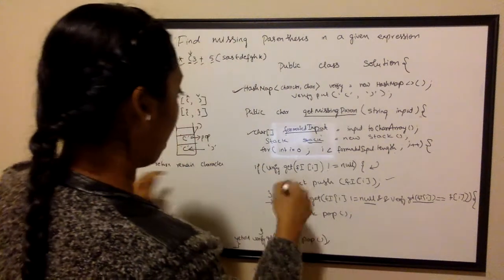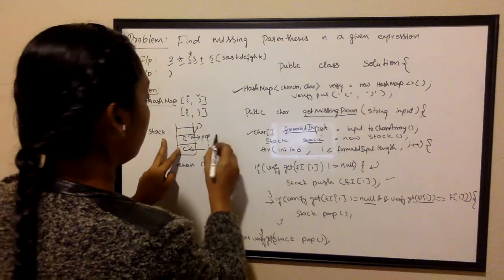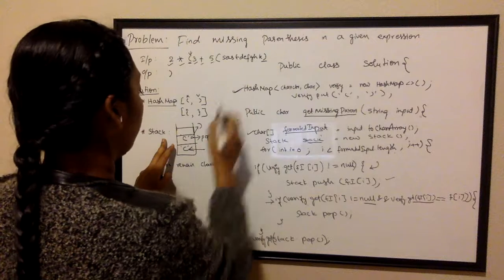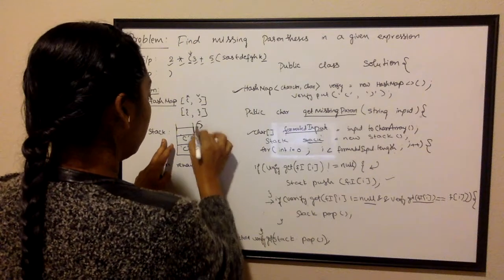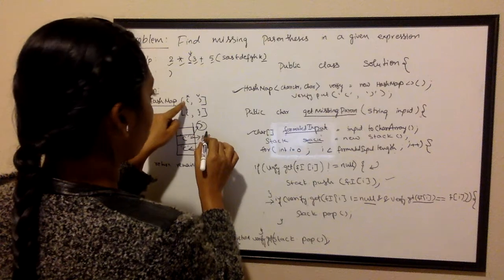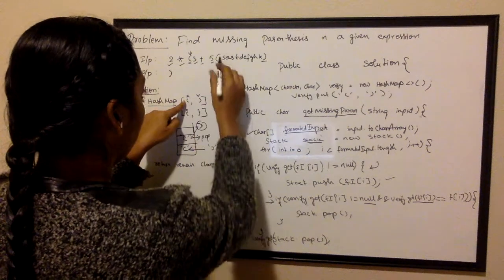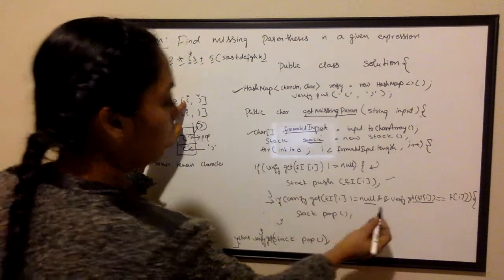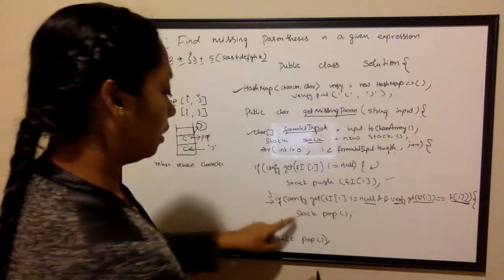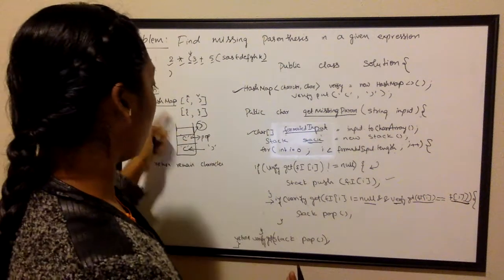This case would execute only if it's not null. What I'm saying is that if this element is coming in, and its value in the hash map is equal to this array element, then I'm just going to pop it out.